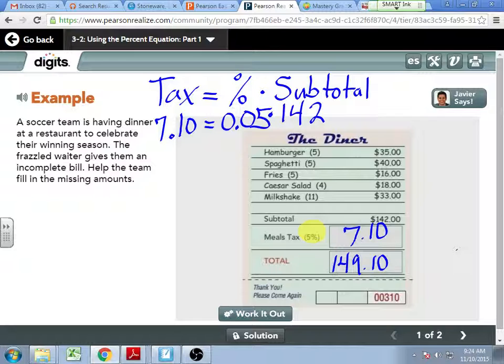Because if you only said 7.1, I don't know if the next space is a 0 or if you just forgot to write it. It could be a 4, and that changes the value. So you write the 0 so that people don't question what that next space is.